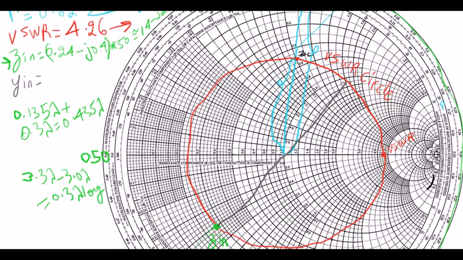Hopefully I did it right. And it's approximately at this point, which will be your input admittance. And again, to get the value, you have to find the resistance component, which is approximately 1.15.